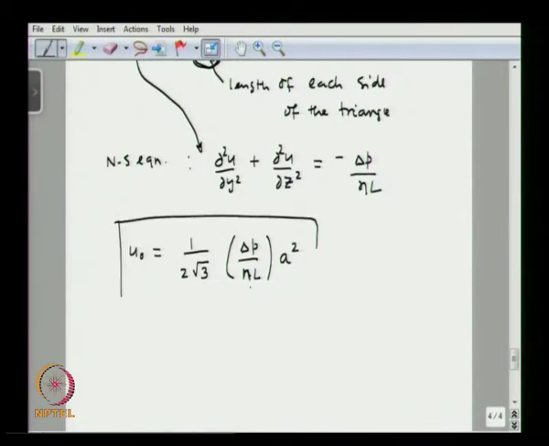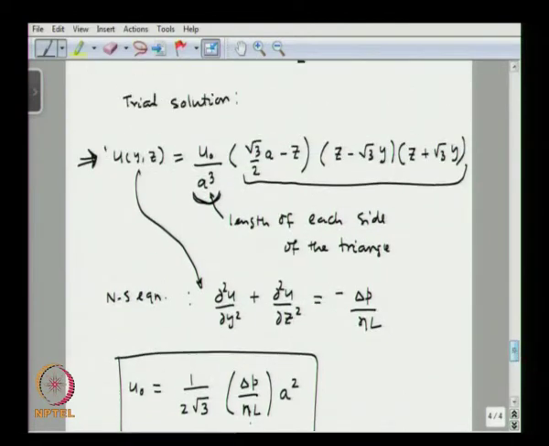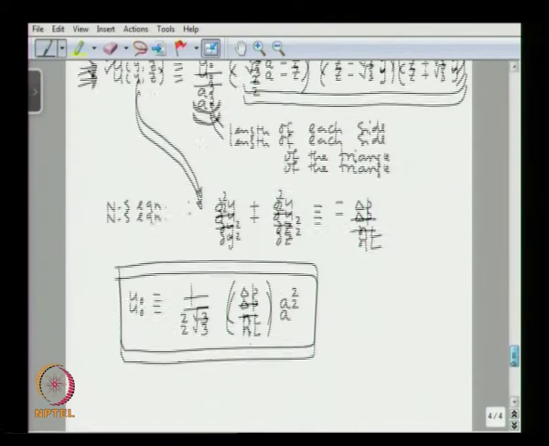So, that is the expression for u0, which can be substituted in this equation to get the velocity field.